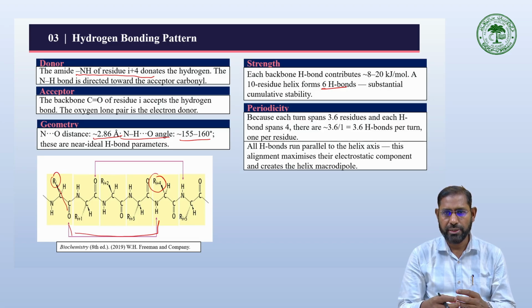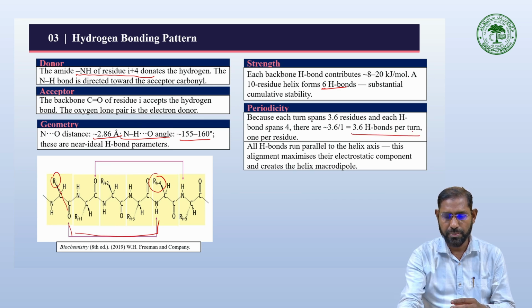And also the periodicity of this condition of the alpha helix: each turn spans 3.6 residues and each hydrogen bond spans 4, so there are 3.6 hydrogen bonds per turn, one hydrogen bond per residue.